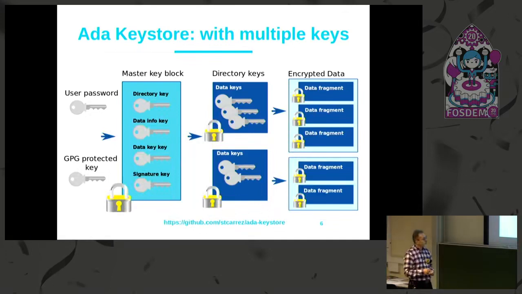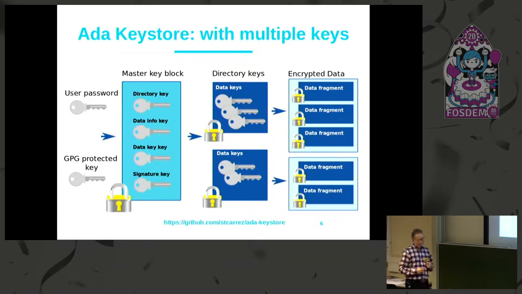These encryption keys are associated with a name that I have given to my document, and they are protected by a directory key. Then the directory key is protected by a master key block, which is itself protected by the user password or by the user GPG protection key.